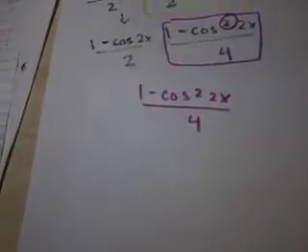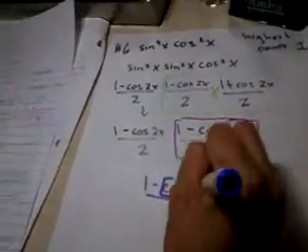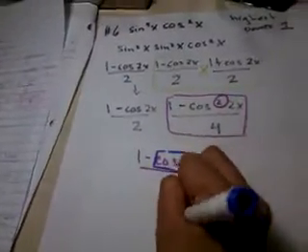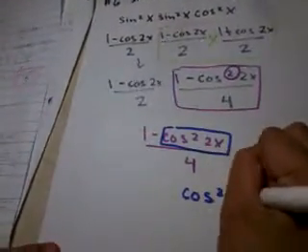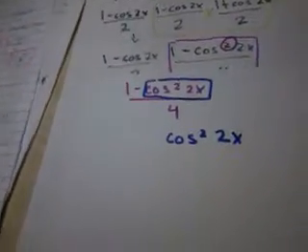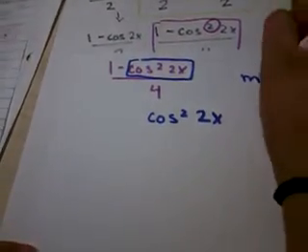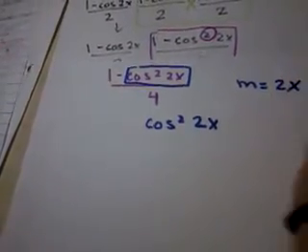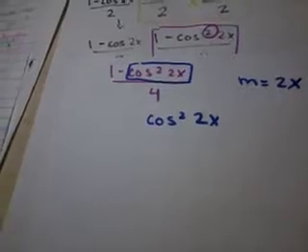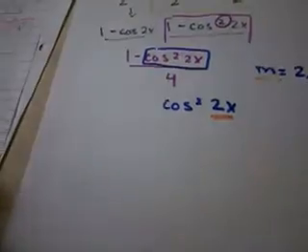We see that we have another squared here, so we're going to take that out and say cosine squared of 2x. We're going to use a constant like we did in previous units, so we're going to use m. In this case, m is going to be 2x, so we substitute this for m.